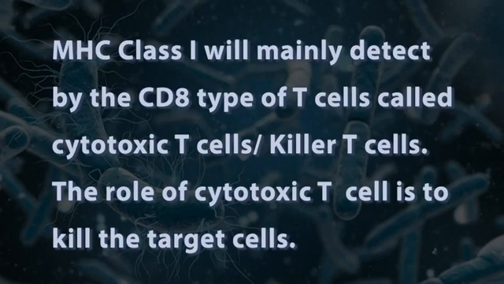The role of the cytotoxic T cell is to kill the target cells. The T cell receptors will interact with this antigen bound with MHC I. There will be some cytoskeleton rearrangements in the T cells, which make the membrane-bound vesicle inside the T cell fuse with the T cell membrane.